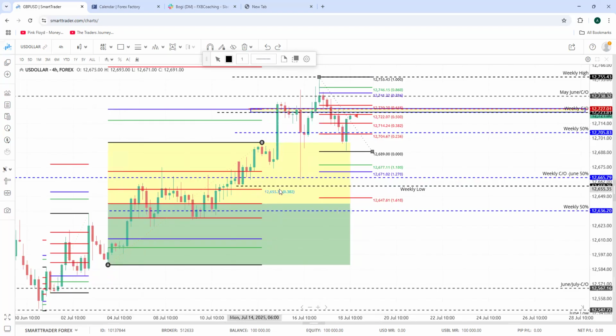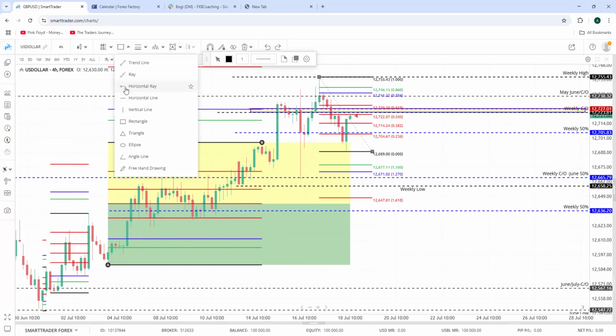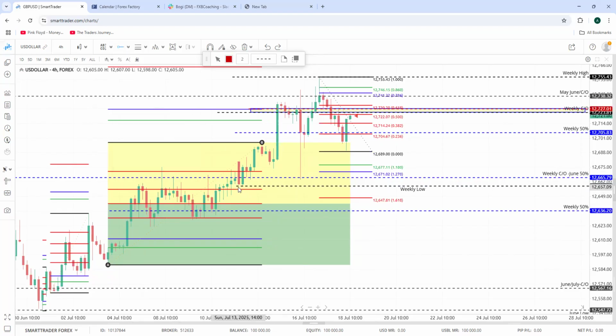So now we're going to determine what is this going to do for us. Well, we have a weekly low here, but we also have a retracement of a 382 that has not been hit. You see that, right? Right by that weekly low. So that means this is another nice level.